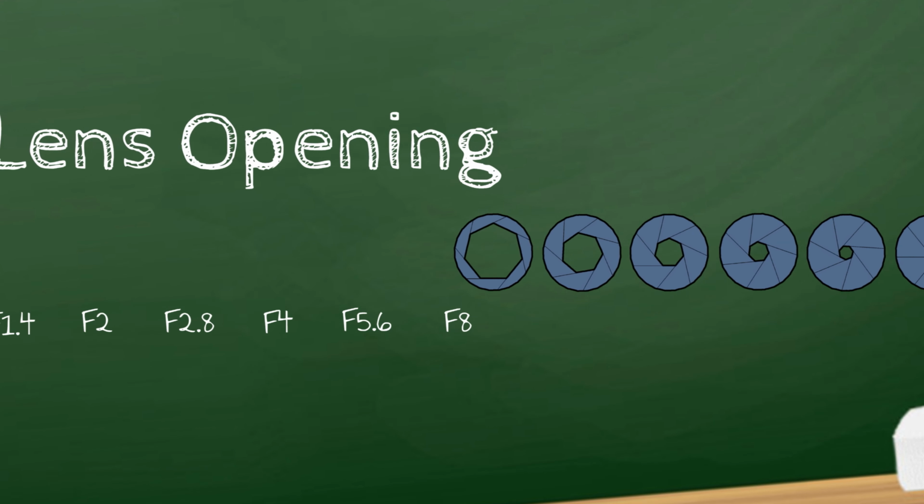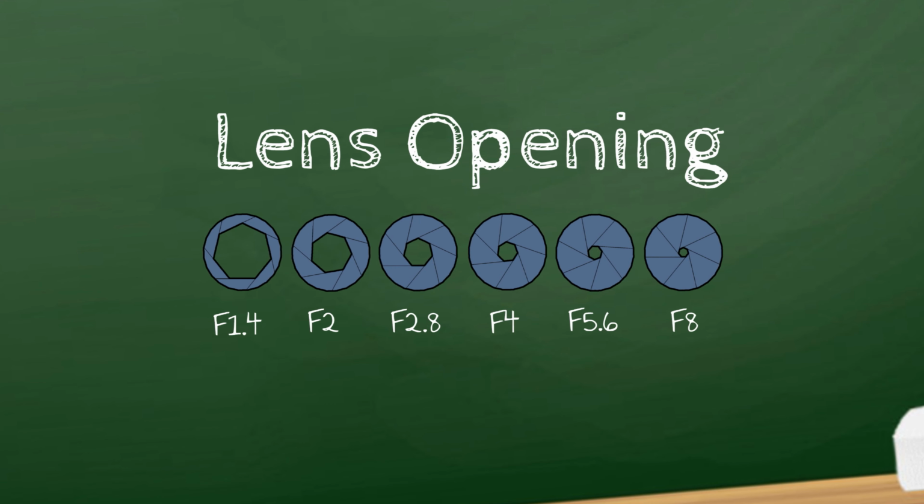And if you haven't noticed yet, the numbers are going larger as the opening is getting smaller. I know it's a little bit backwards, but think of it this way: they're actually fractions. Shutter speed is measured by increments of time. So we start off with the most basic one, 1 second.